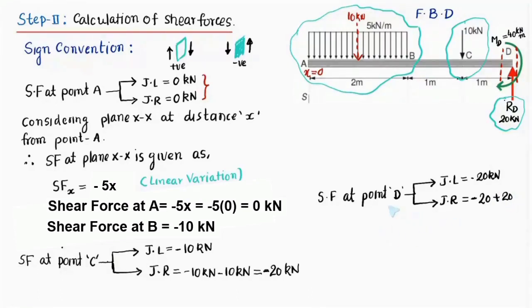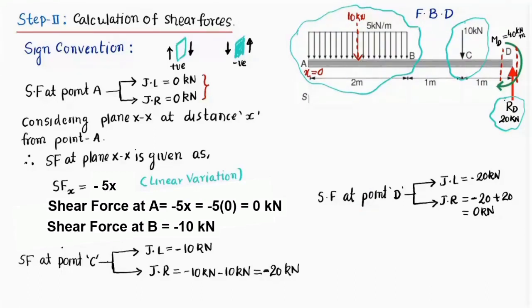So you will be getting shear force at point D just right as 0 kilonewton, friends. So we got the variation of shear forces as we go from point A to point D from left to right. I hope this has been understood, how to calculate the shear forces at various points of the beam. So this was step 2.